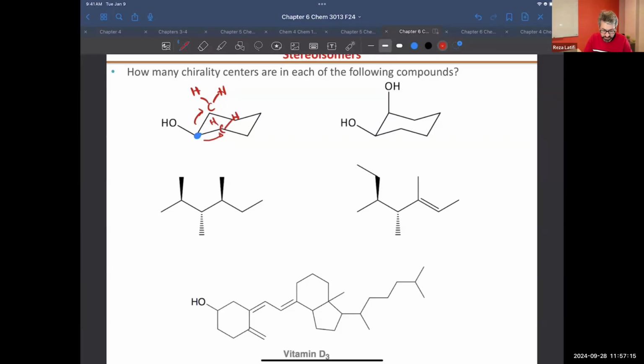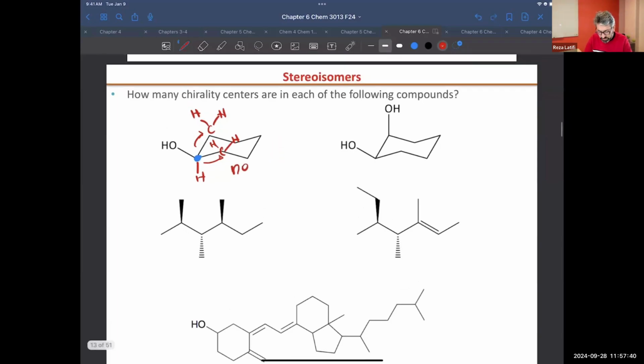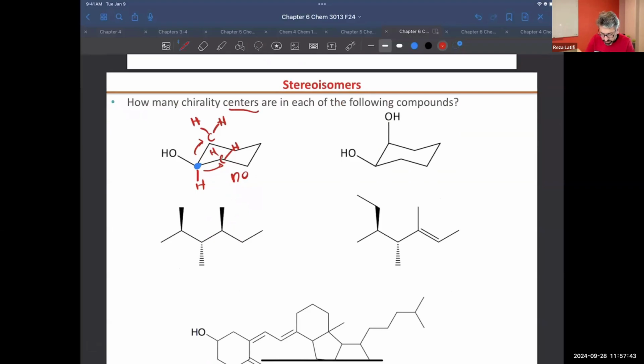Those 2 substituents are identical. The 4th one is hydrogen. If I keep continuing, I will get exactly the same substituents on both sides. So this is not chiral. There is no stereocenter.